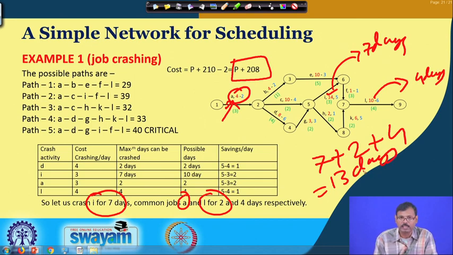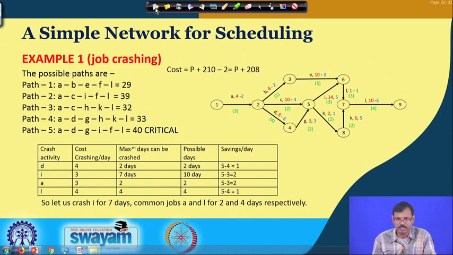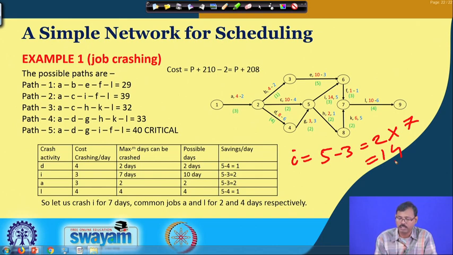And if you see what profit we are getting by crushing this, the profit for crushing I is 5 minus 3, that is 2, which we are crushing for 7 days, so that is 14 units profit for crushing I for 7 days.